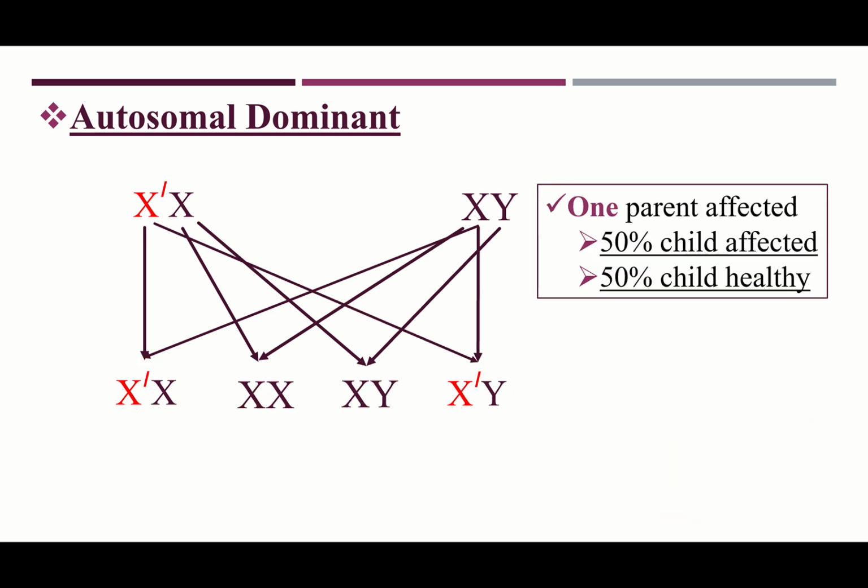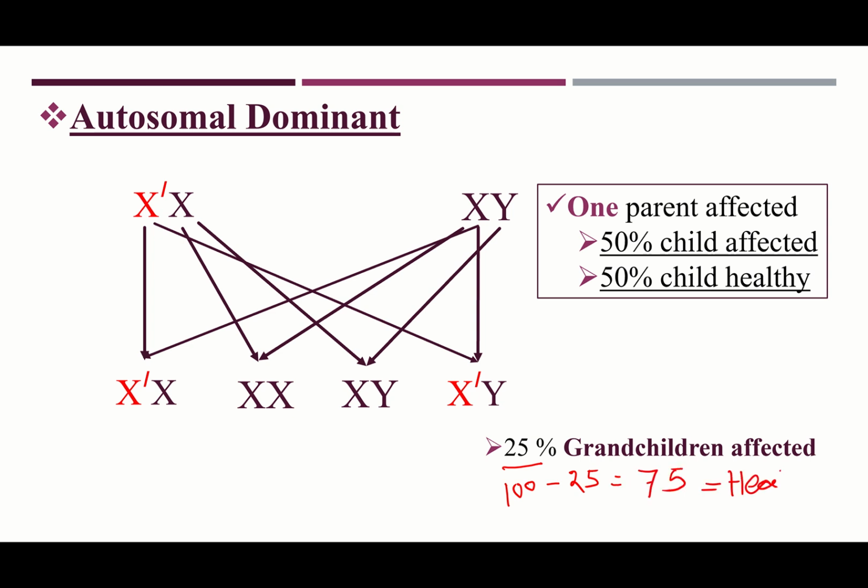So whenever in an autosomal dominant condition they are asking you how many of the grandchildren have the chance to be affected, you have to read the question very carefully. Are they asking you about affected? Then it would be 25%. What if they had asked you how many of the grandchildren will be healthy? It will be the remaining ones. So 100 minus 25 equals 75. 75 will be healthy. And 25 will be affected.